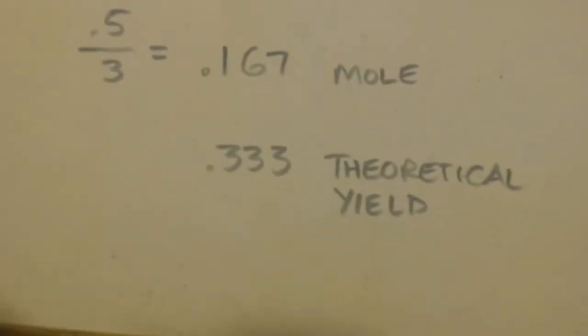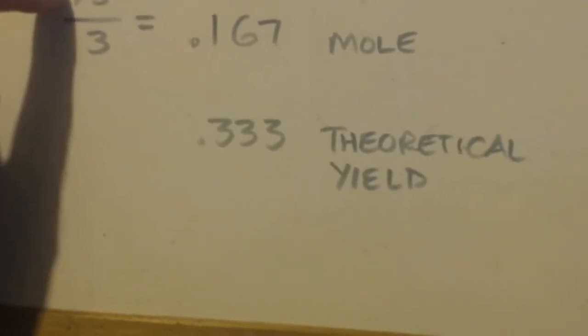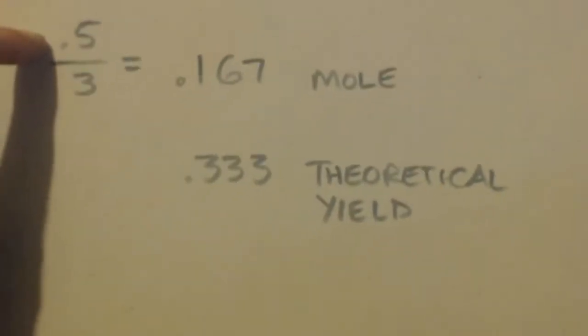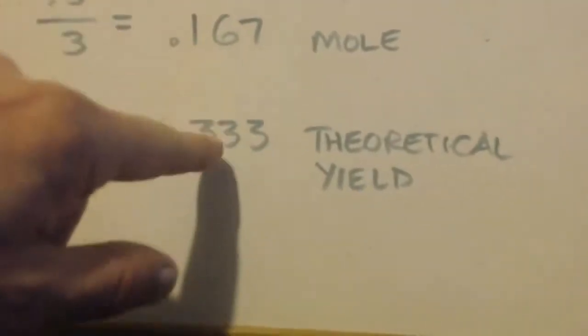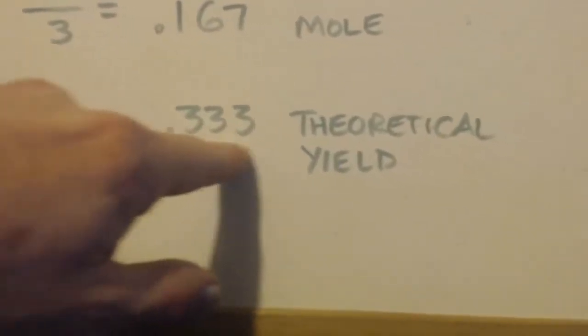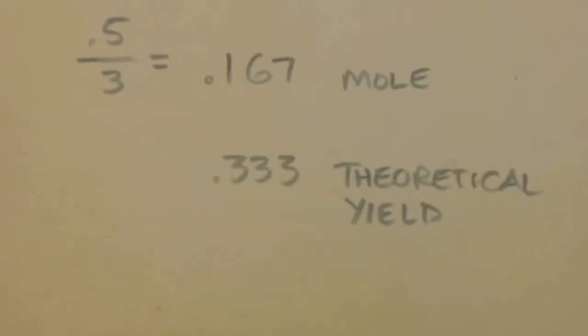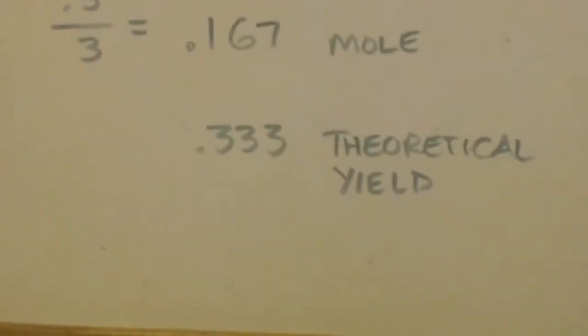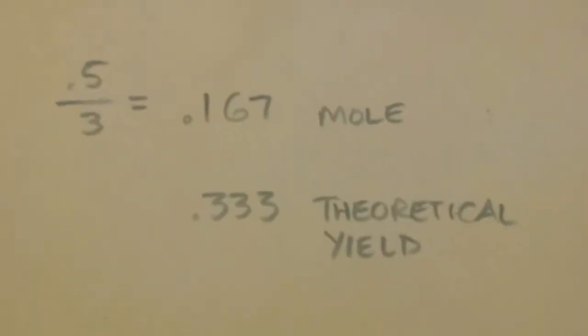So if I messed up and I only used enough baking soda to make 1/2 a mole of CO2, see, this is doubled. 2 times this basically equals 0.333. So 1/2 of my yield is lost right there by this one single mistake, if it was a mistake.